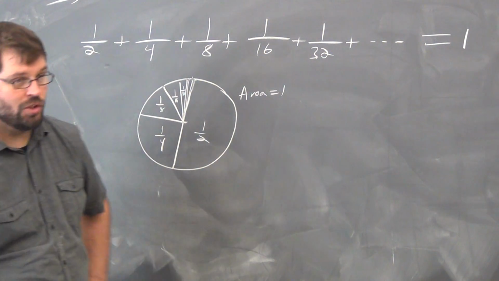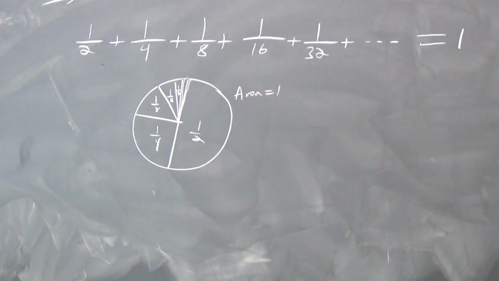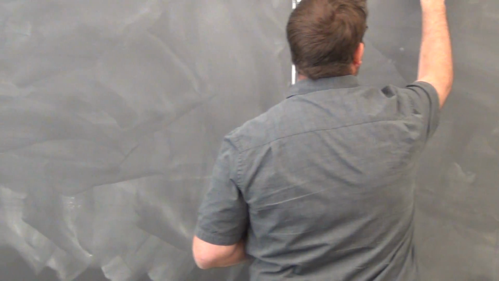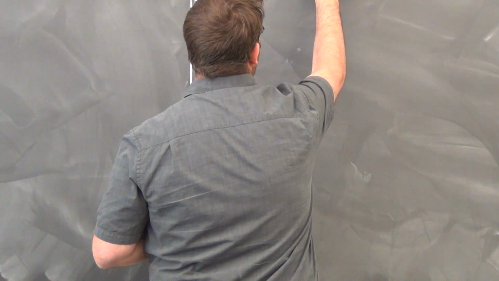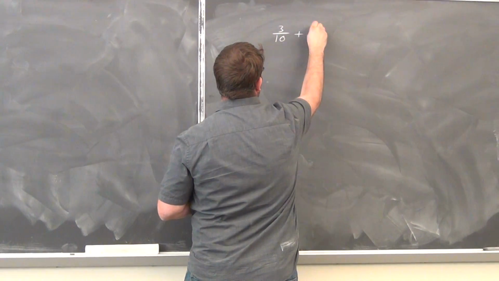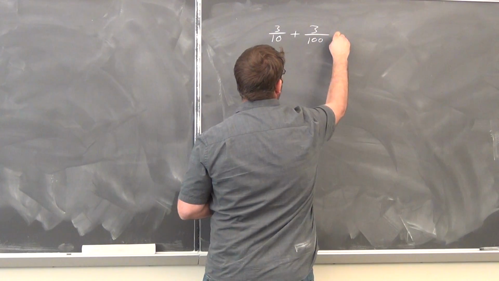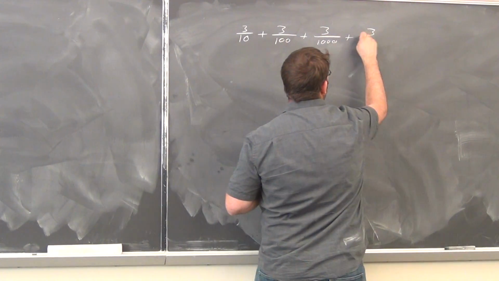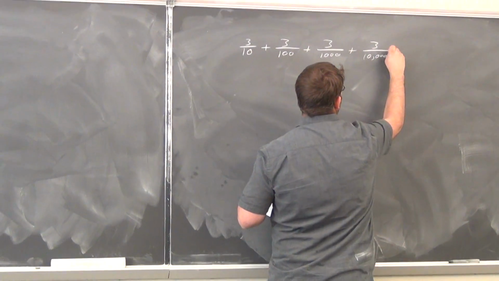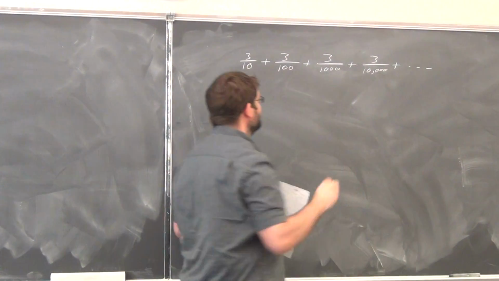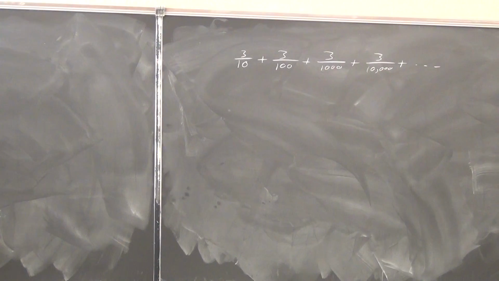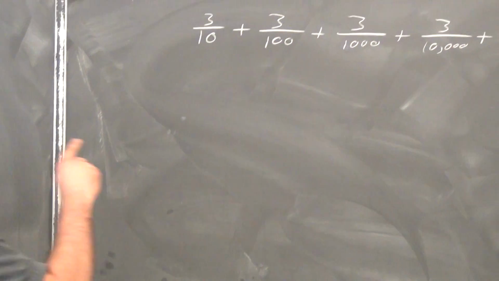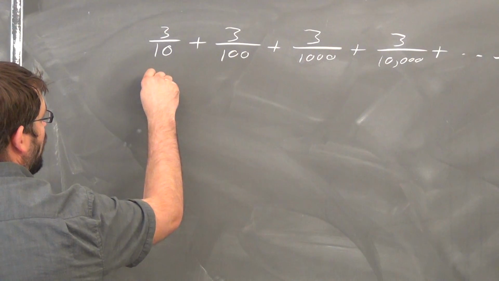Okay? Another place where there's a pretty natural way to see this is to think of 3/10 plus 3/100 plus 3/1000. So what's 3/10? 0.3.